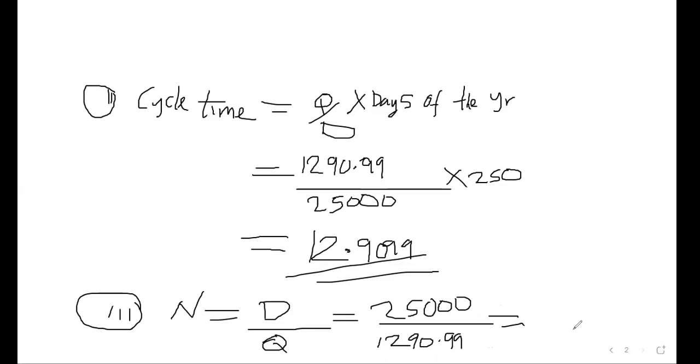This is about 19.4 times. So for us to meet the annual demand for the year, we have to order from our suppliers approximately 20 times.